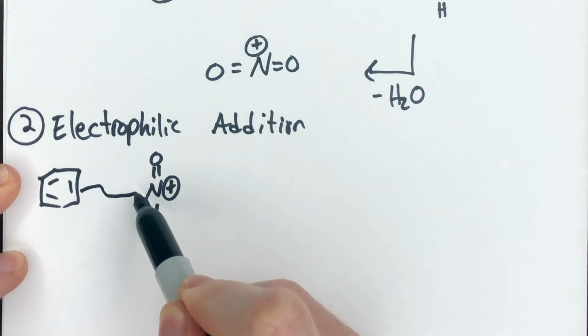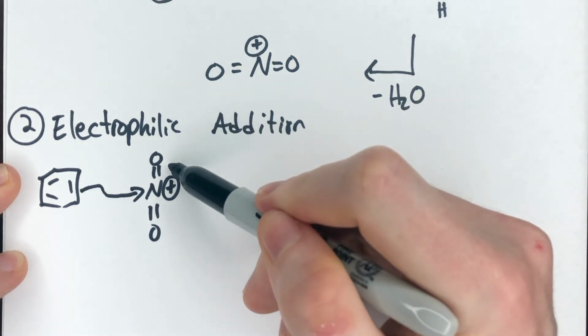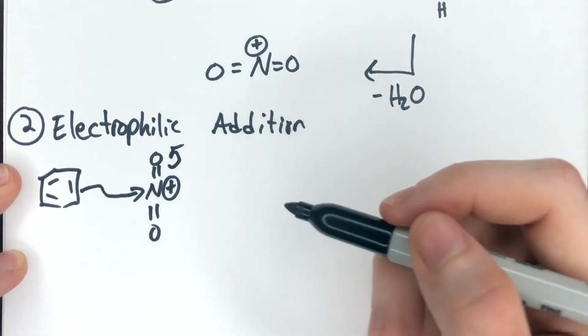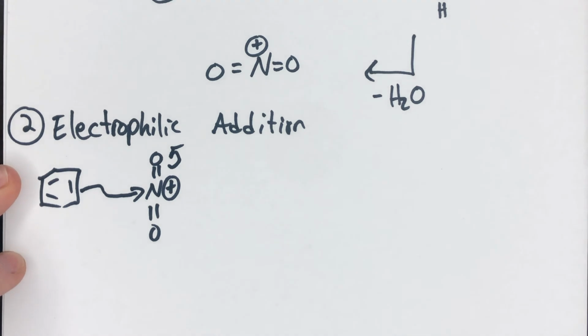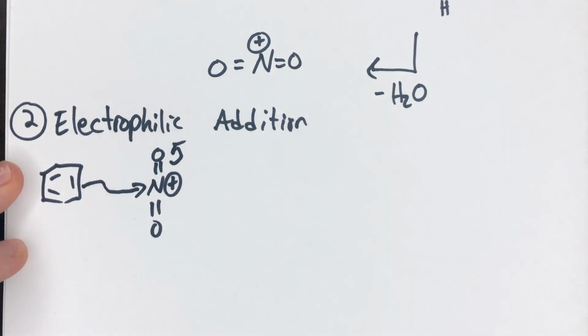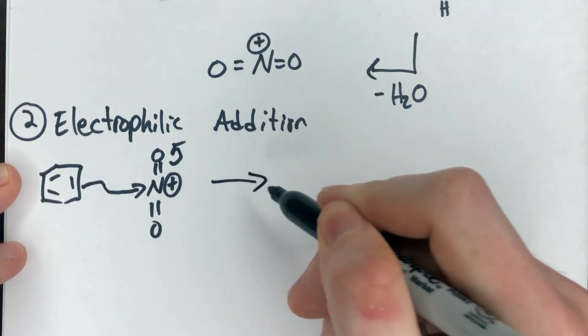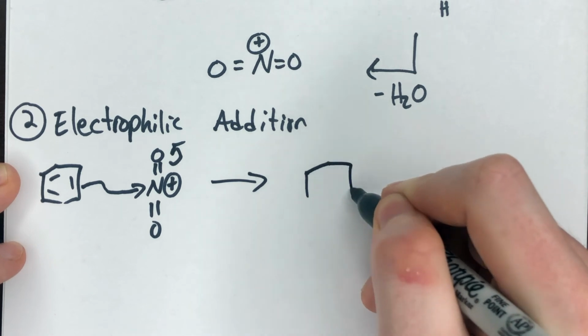This pi bond attacks as a nucleophile, and we cleave this nitrogen-oxygen bond at the same time. You may wonder why we need to do that. If we don't cleave it in a concerted mechanism like this, then we're going to have 5 bonds to nitrogen, and that is not allowed. So that's why this must happen like this.